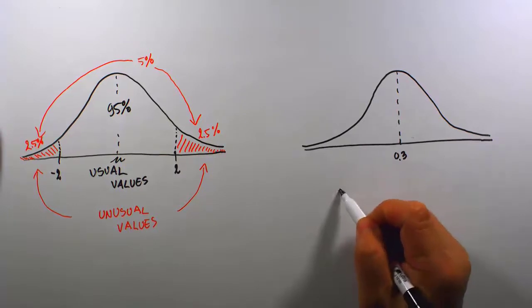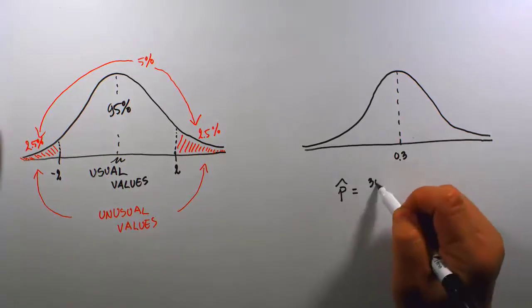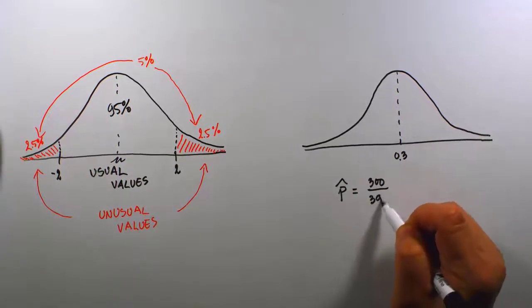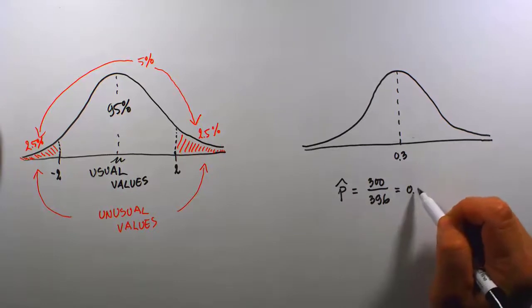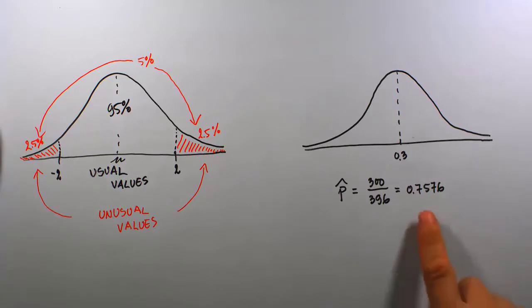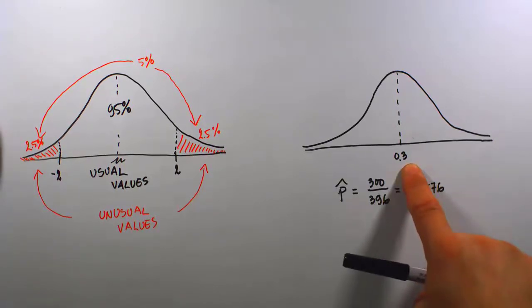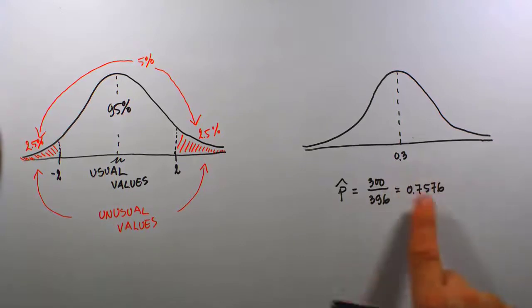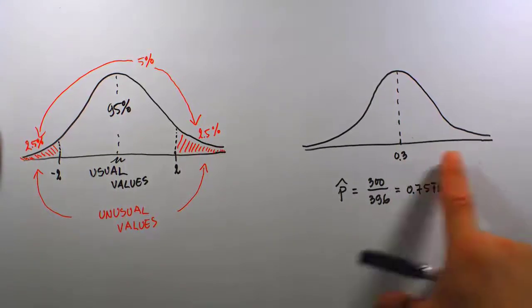Then with our sample proportion value as a proportion 300 out of 396, calculated in decimal, we got 0.7576. We knew for sure that this sample proportion value is above the value being claimed in our null hypothesis, or graphically speaking, this value should stand somewhere to the right hand side on this bell curve here.